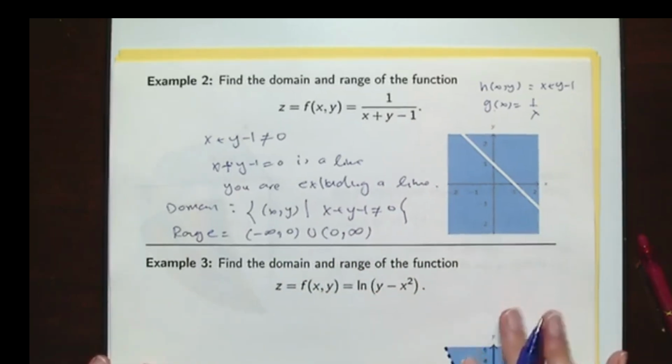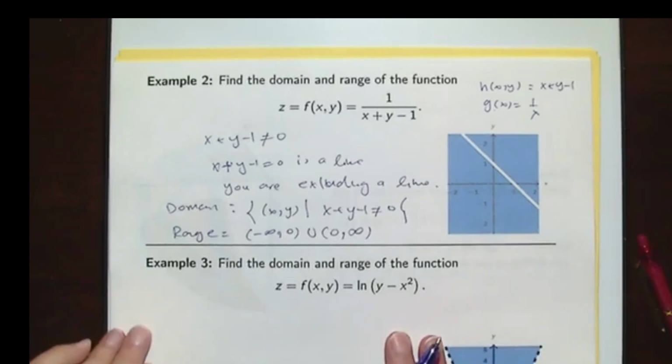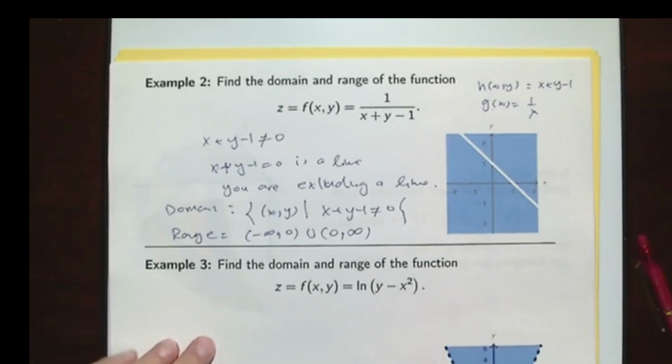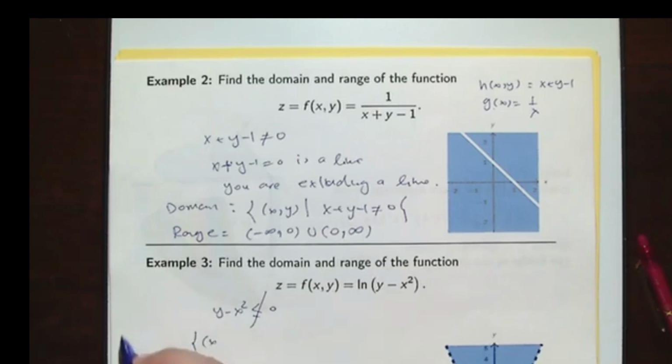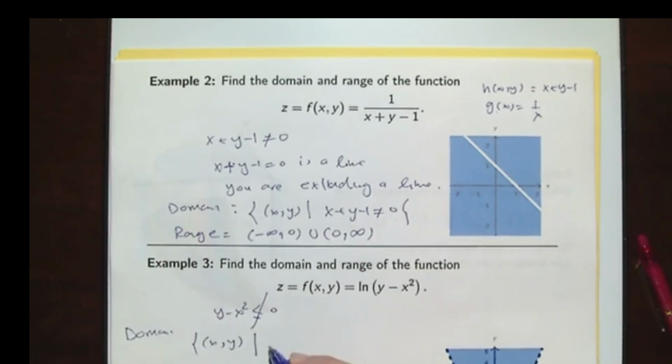Okay, one more quick one, and then I want to go to the graph, because graph is the fun part. Now, here, what is not in the domain? y minus x squared less than or equal to 0 is bad. So the domain is x and y such that y minus x squared is bigger than 0, strictly bigger, no equal sign.